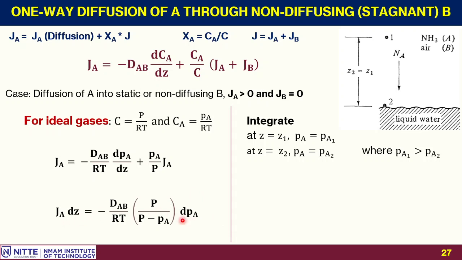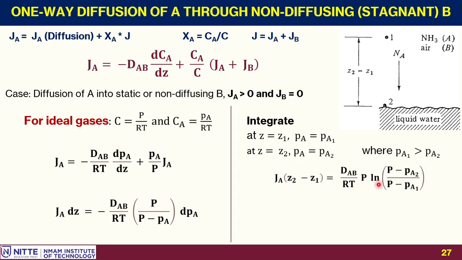I need the two limits in terms of Z and PA, which are given to you here. Upon integration, P is constant here. It will be like the integral of 1 by x. When you do the integration of 1 by x, it is ln x, right? So delta z, you get z2 minus z1, and this P is taken out.